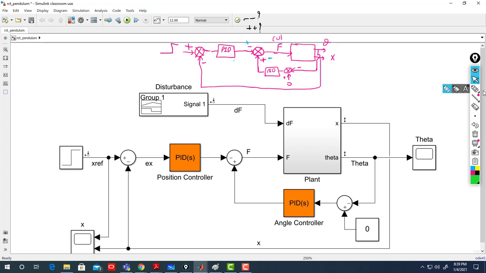Imagine I don't have 0. If I don't have this 0, so this is minus, it means I'm doing a feedback compensation. Well, it could be with 0, it could be with a 2 degree of freedom PID here. You could have a 2 degree of freedom PID controller, in which you have two inputs somehow like this. So instead of this summation, I can have 2 degrees of freedom.